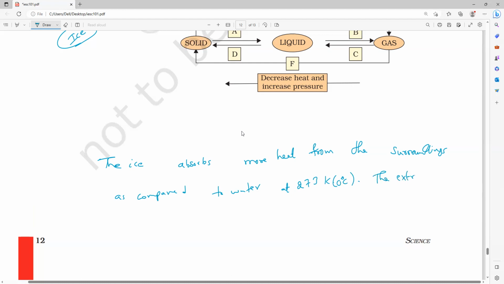Now, the extra heat absorbed by ice is in the form of latent heat of fusion.